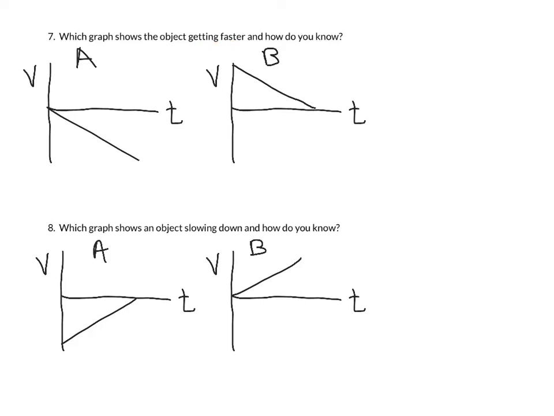Now, how's this one look? This one starts with, well, hold on, let me write this out. Remember, we have zero velocity here, positives up here, negatives down here, for each graph.